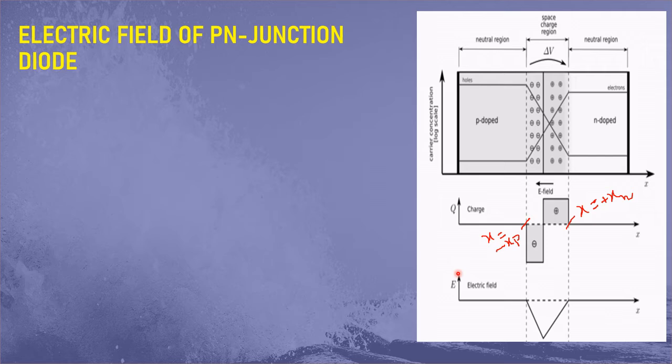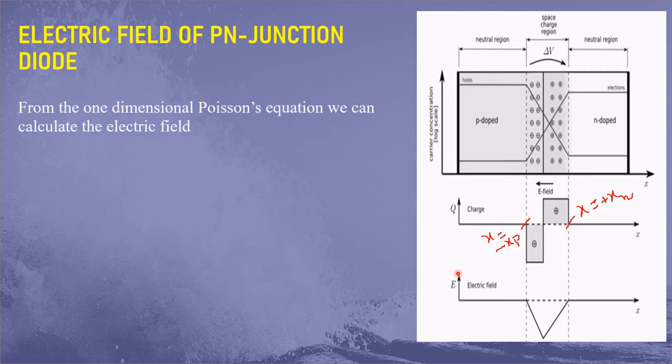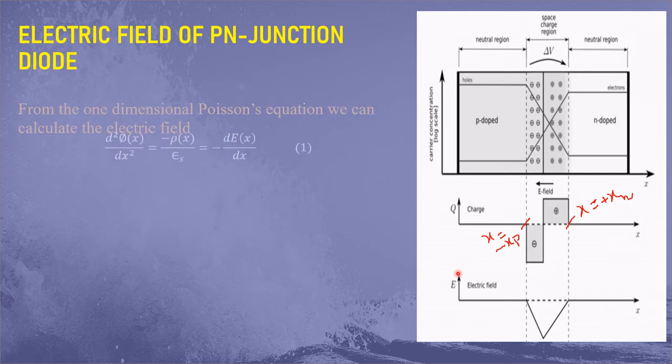So how can we calculate the electric field? From the one-dimensional Poisson's equation, we can calculate the electric field. It is defined by d squared phi of x divided by dx squared equal to minus rho of x divided by epsilon s, equal to minus dE of x by dx, and this is equation 1, where phi of x is the electric potential and E of x is the electric field.